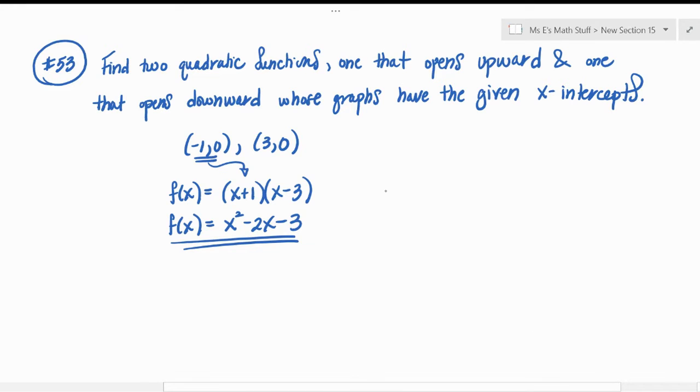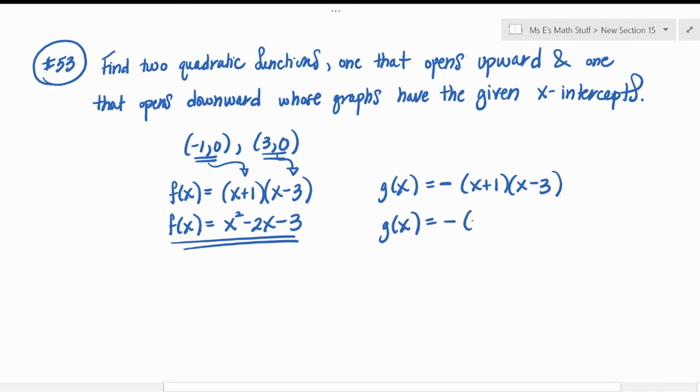Another one: x plus 1 and x minus 3 have to be factors in order for you to have these two x-intercepts. And then if you wanted to open downward, you could just put any negative number in front. So I'll just use a -1. That would be a parabola that has those x-intercepts and opens downwards.